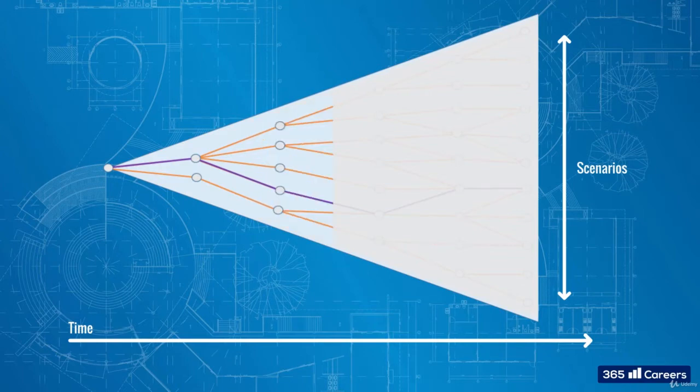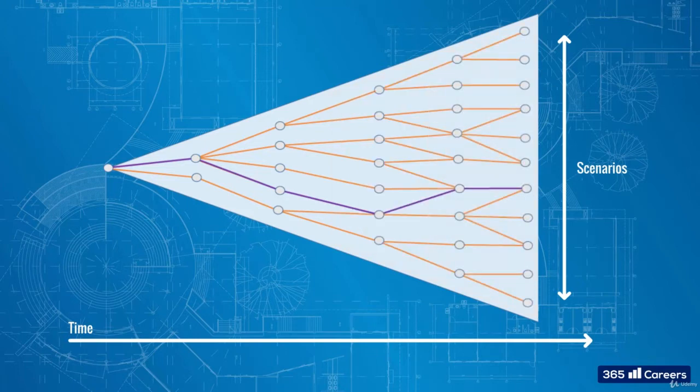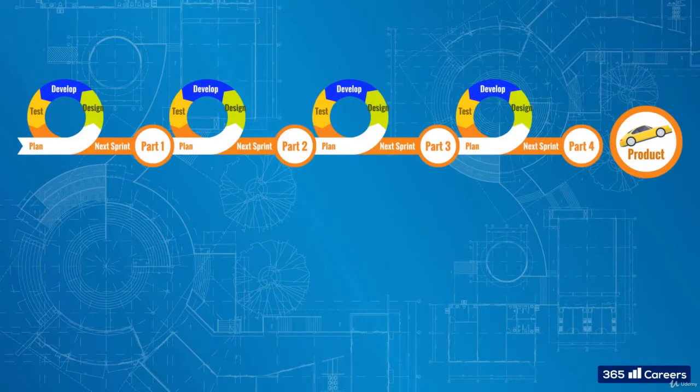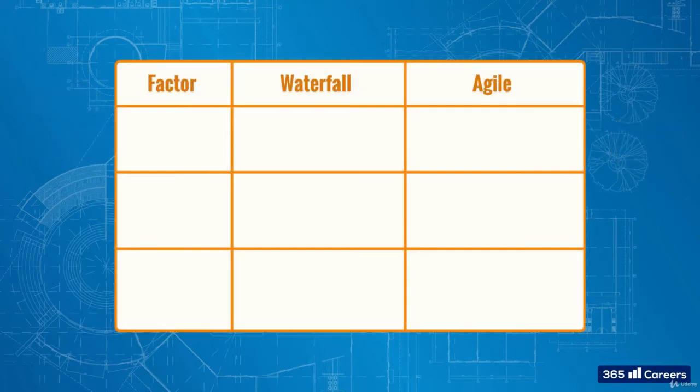The product is created and tested gradually. Work evolves step by step. The team is flexible to adapt to the actual situation, using the knowledge and information gathered during execution. So, if uncertainty is significant, look for agile solutions, as the product will be developed and tested gradually, leaving room for changing and adapting it.